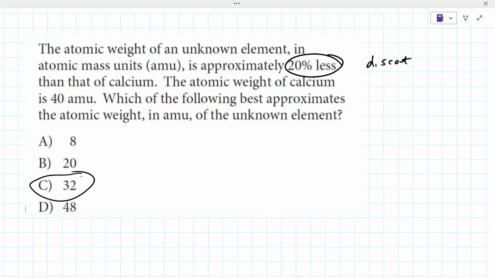Let me see if I can find one more. Let's see. Table problem. All right, well, that's all we got on that front.